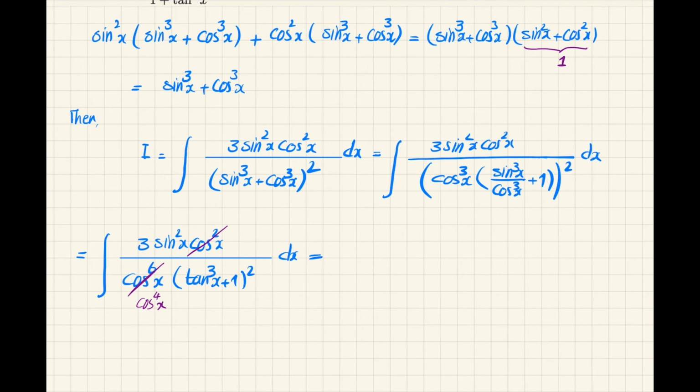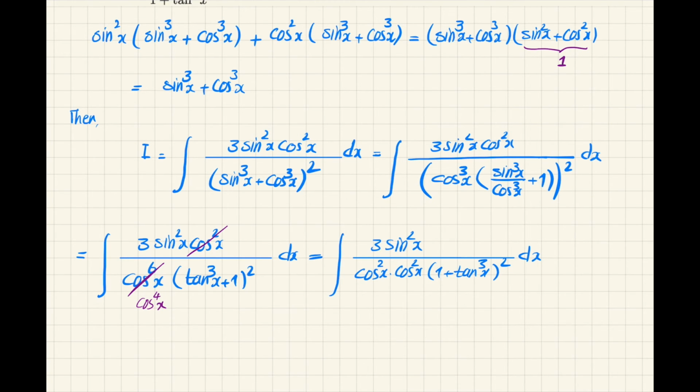And then let me just write it in two steps. So it becomes 3 sine squared x. In the denominator I will have cosine to the power of 4, but instead I will write it as cosine to power 2 times cosine to power 2, and then I have 1 plus tangent cubed x squared. Okay, and then I will have dx in front.